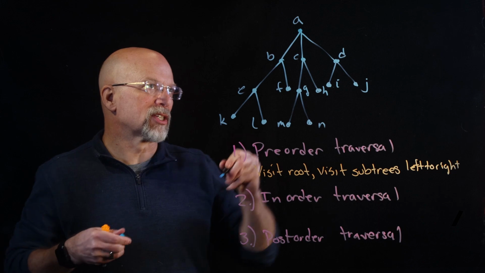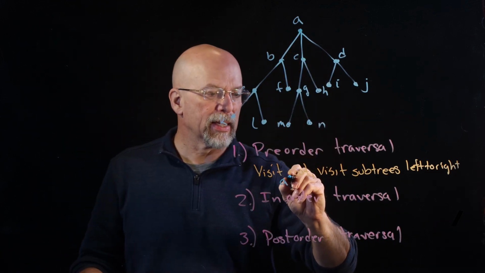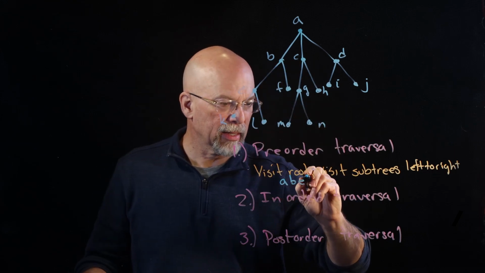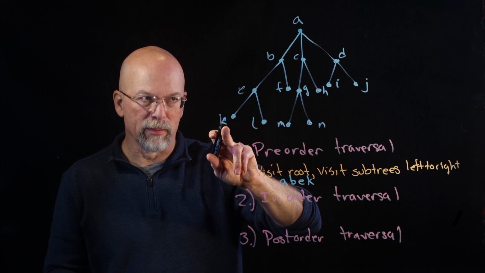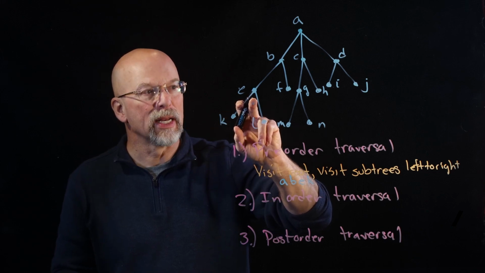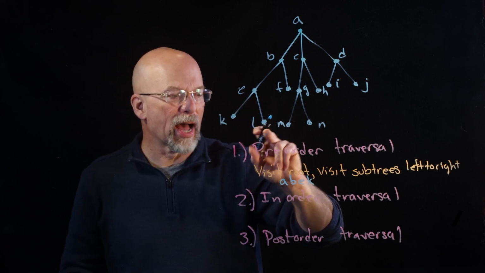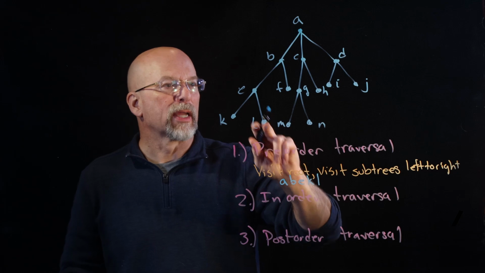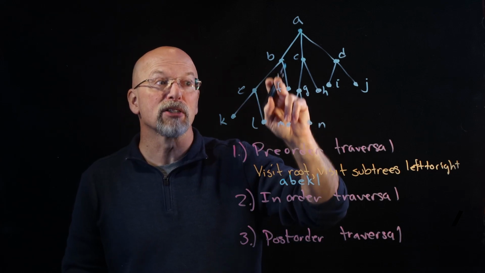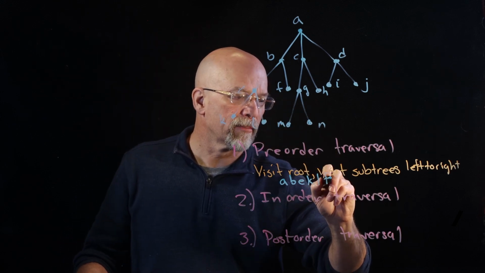The order for this would be first A, then B, then E, then K. Now we've reached all the way to the bottom, so we go back up to E. We don't visit it again because that would mean visiting it twice. So we go down to its child, which is L. We come back up. We've already visited E and B, so we come down to B's next child to the right, which is F.